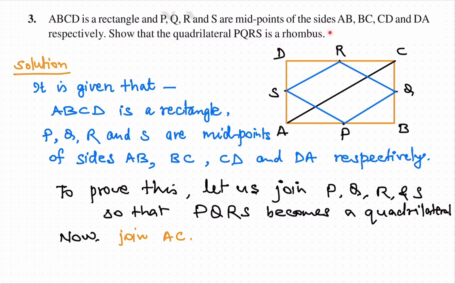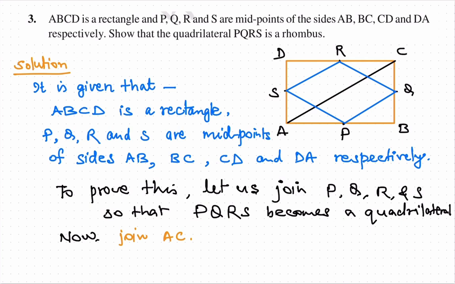So we have to prove that PQRS is a rhombus, where PQRS is obtained after joining the midpoints of AB, BC, CD and DA. So this quadrilateral PQRS, we have to prove that it is a rhombus.